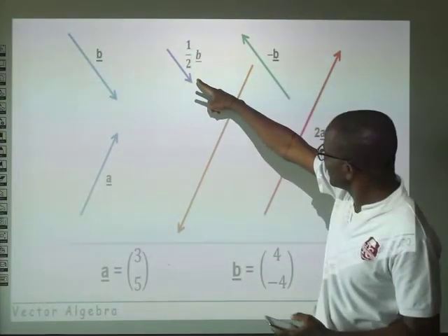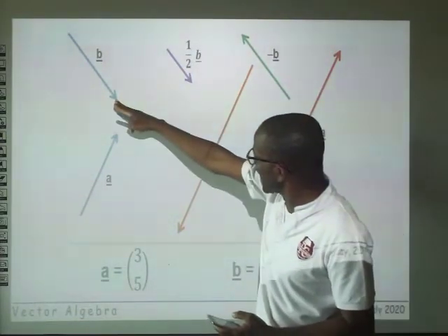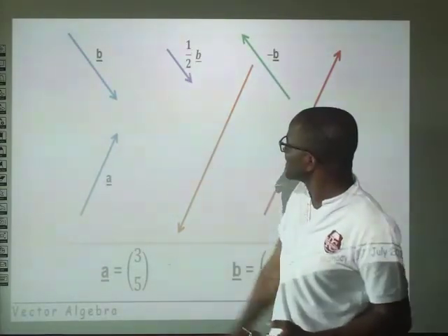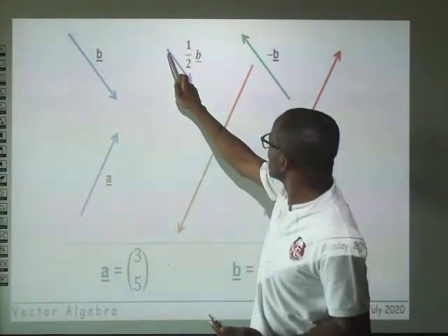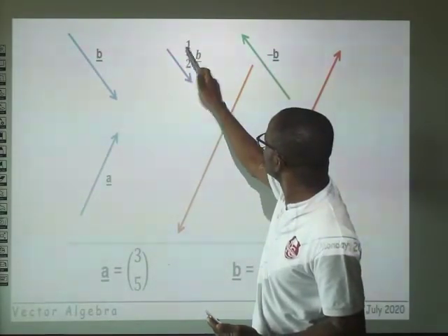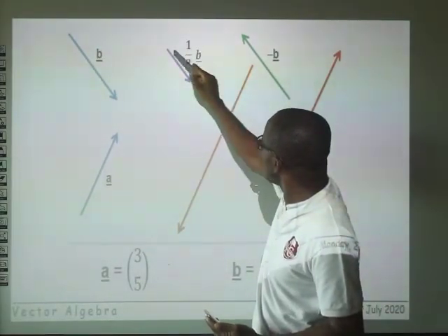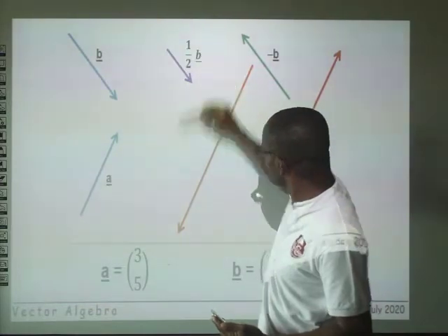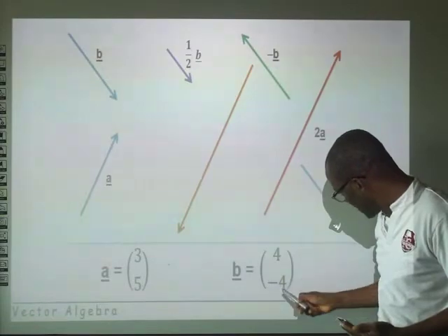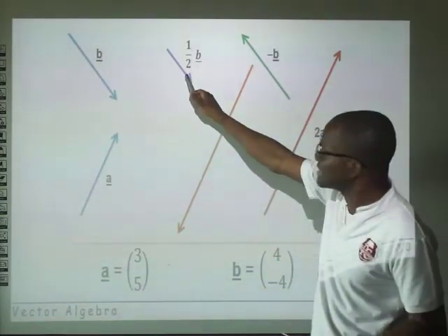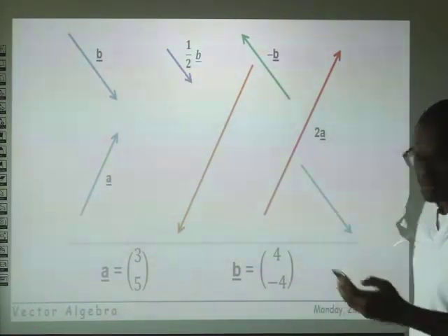Now this looks pretty much like that, but it's half of it. Look, this is 4, minus 4. When you look at this, 1, 2, 1, 2. So you have 2 to the right, 2 down. So it's going to be half of that. You divide this by 2, you get 2 there, minus 2 there. And that is the perfect arrow.